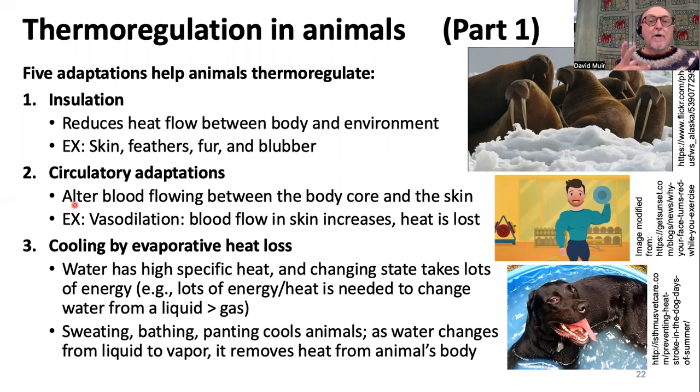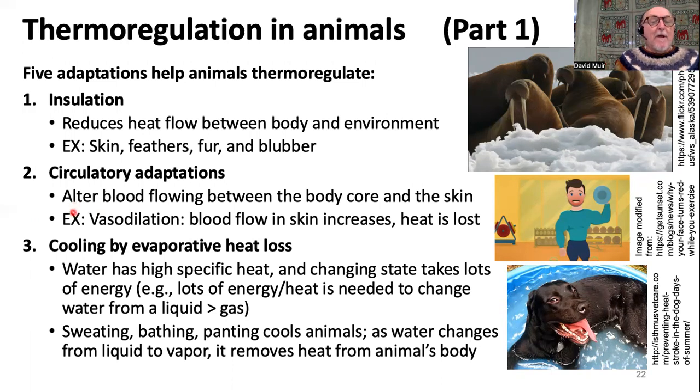These are referred to as the body core. And many of our principal thermoregulatory mechanisms lie in communication between the external, the surface blood vessels, etc., and the blood vessels of the core.